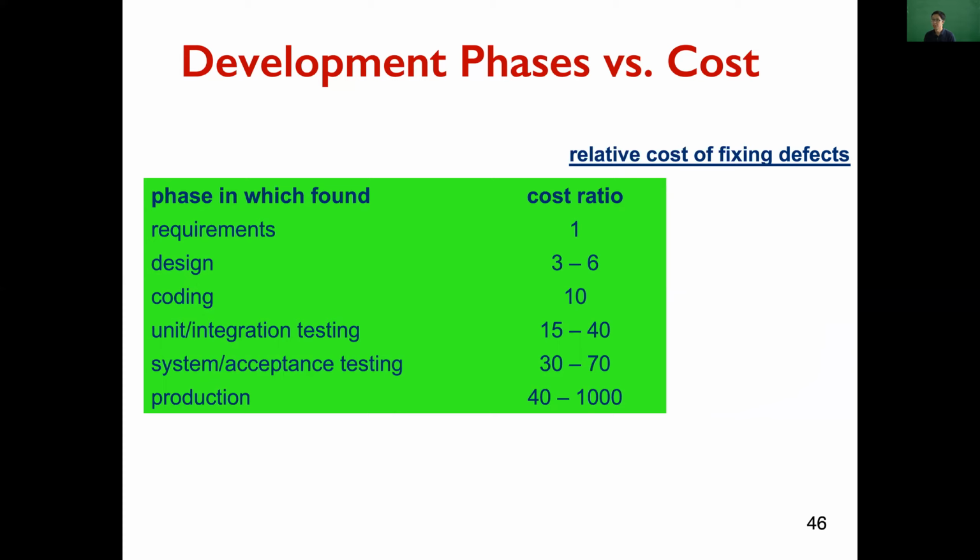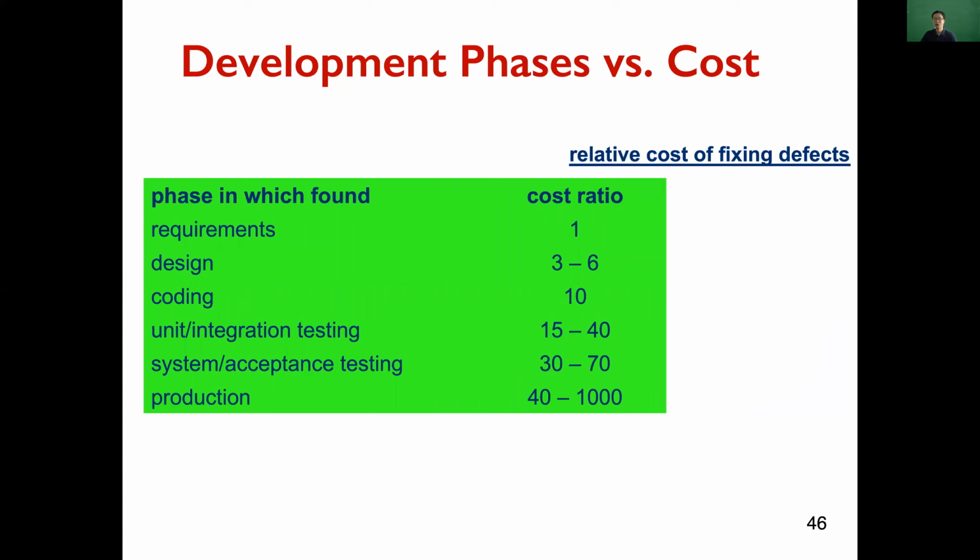Then for design, if a software defect is detected in the design phase, the cost ratio is 3 to 6. If a software issue is detected in the coding phase, the cost ratio is 10. The cost ratio is even higher during testing and production phases.